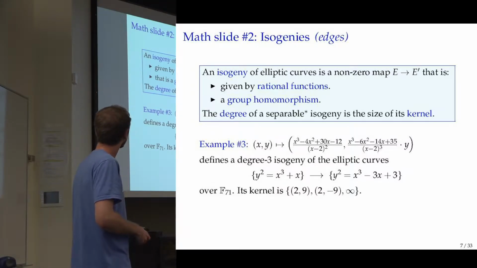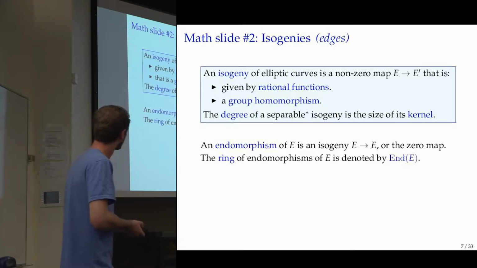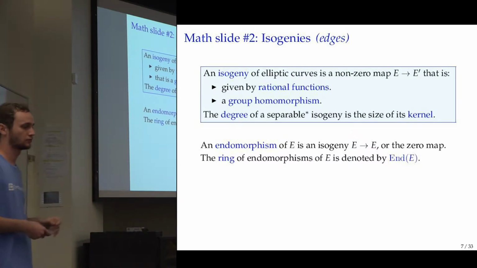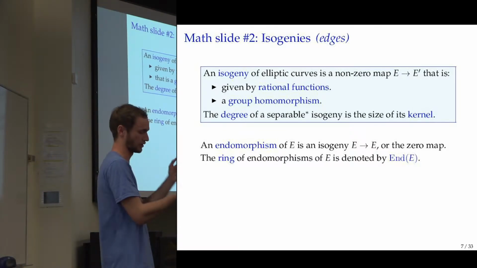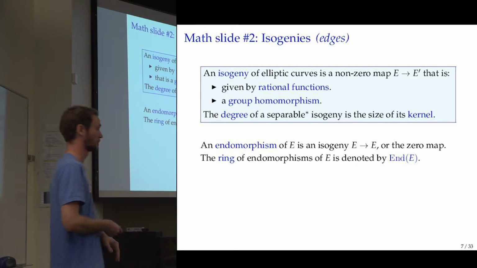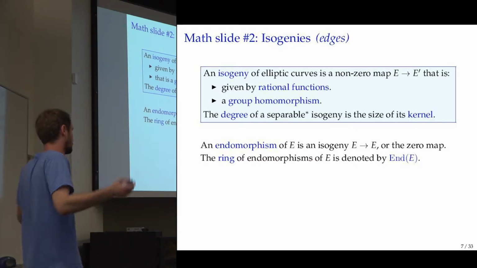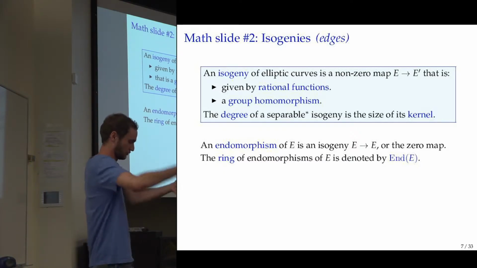So these examples are representative of different classes of isogenies. We had a scalar multiplication, we had an isomorphism, and we just had a typical degree 3 separable isogeny that takes points to other points.